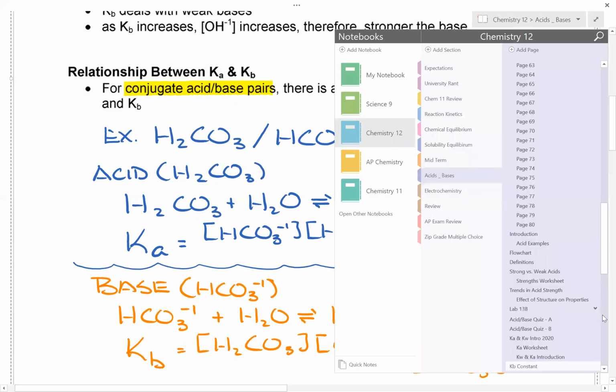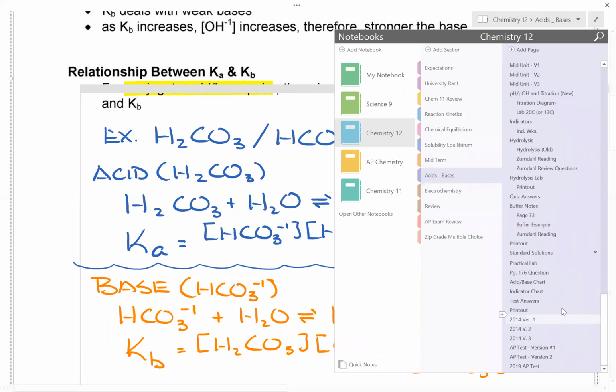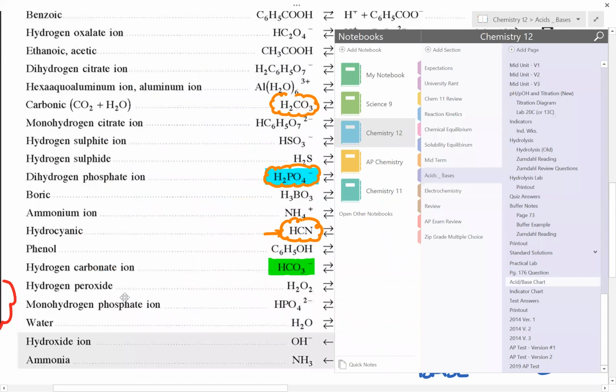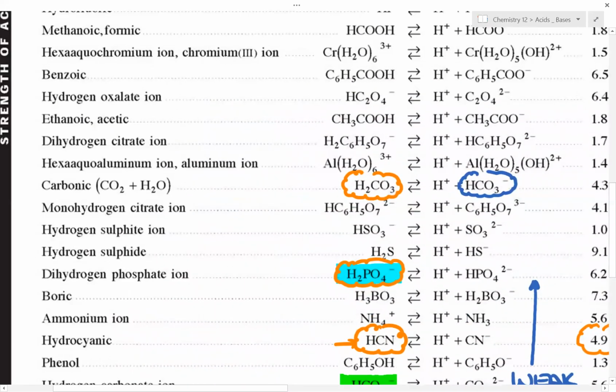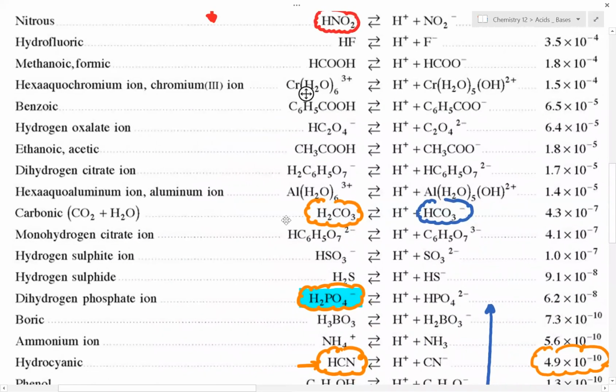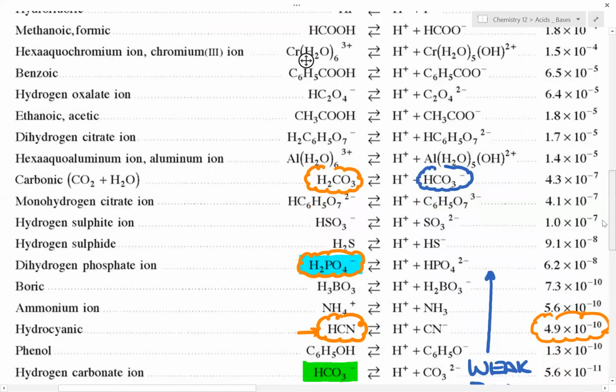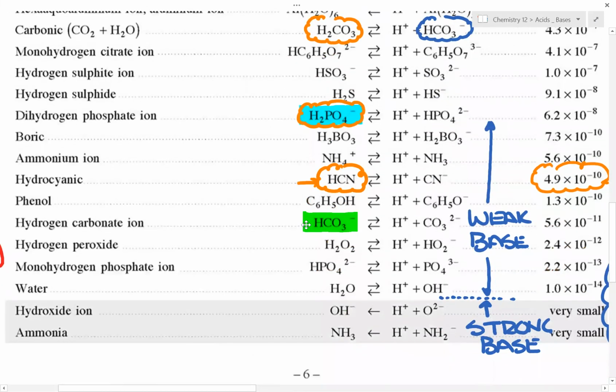Now, again, if we were to look at the acid-base chart, I'm focusing solely right here on H2CO3 and HCO3-. Some of you might say, well, Mr. Chan, isn't there HCO3-? But then the conjugate base would be CO3 2-.